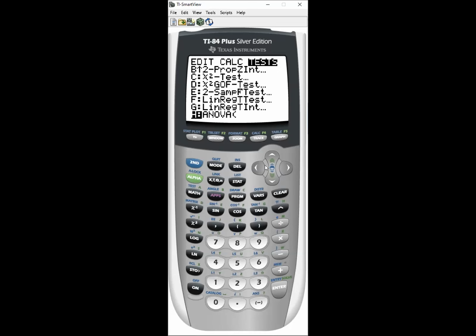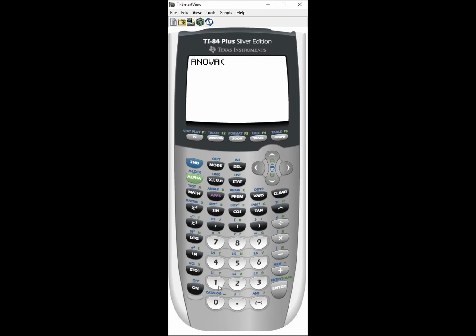Option H. Good. Second 1, comma, second 2, comma, second 3. Enter. And that's what we have.